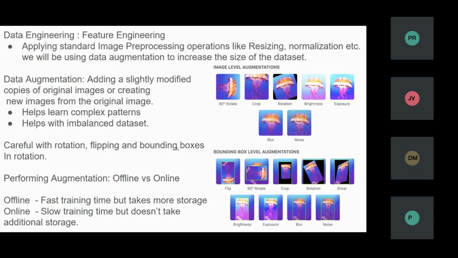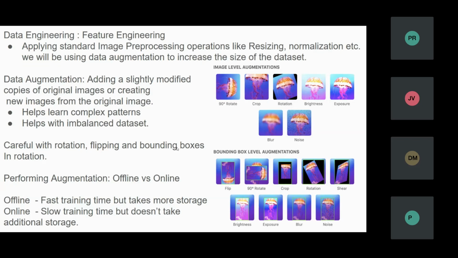In data augmentation, we add slightly modified copies of original images or create new images from the original image. As you can see in the image on the right, there are various predefined settings, similar to those in any normal photo editing application.